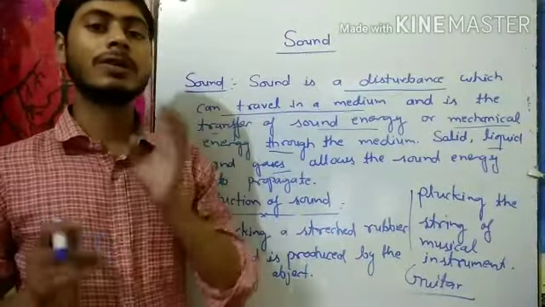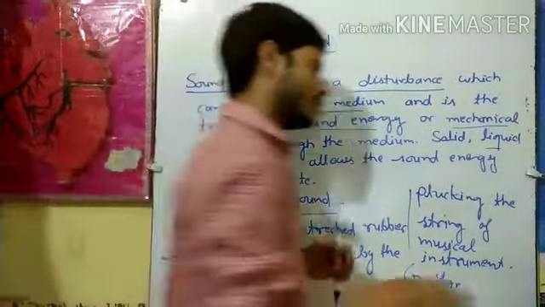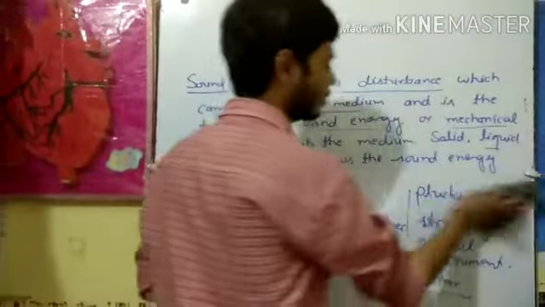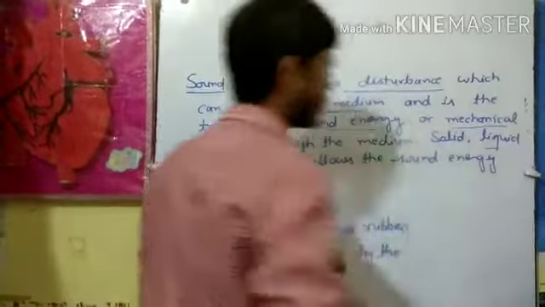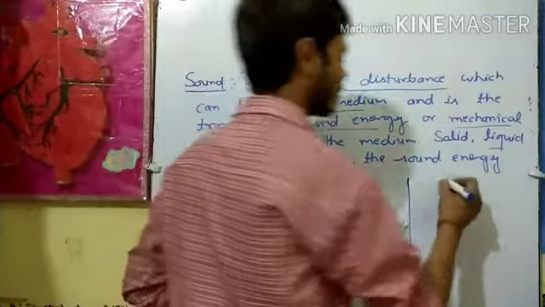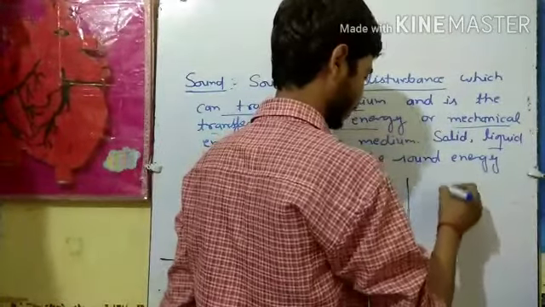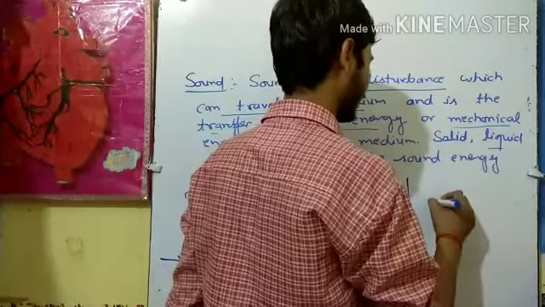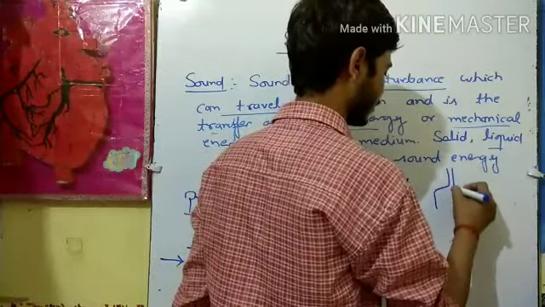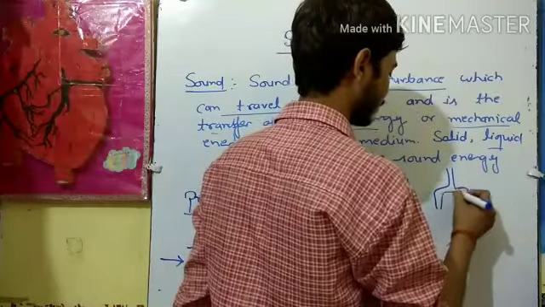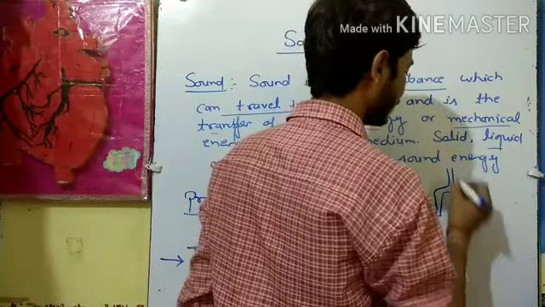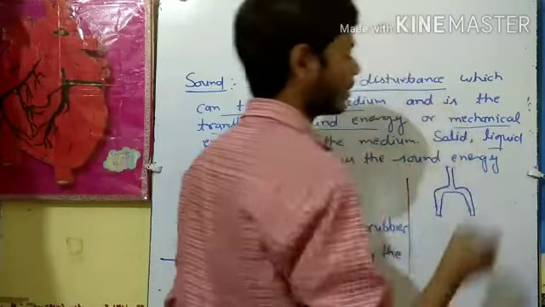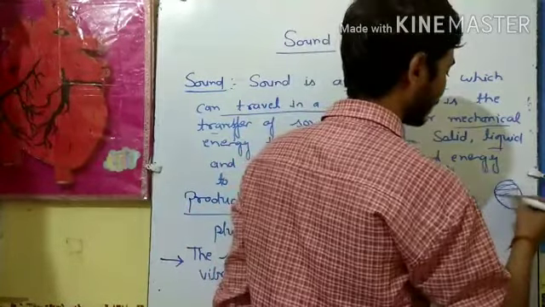Do you know the tuning fork? And if you do not know, then I will tell you. If we have a tuning fork, this one is a tuning fork. This type is a tuning fork, and this one is a rubber pad.